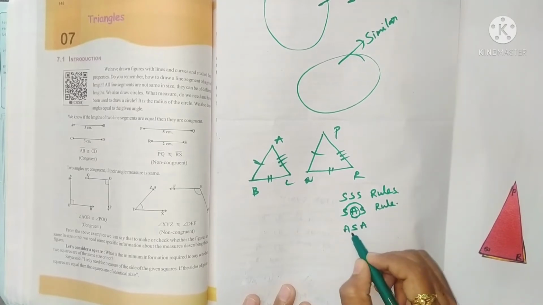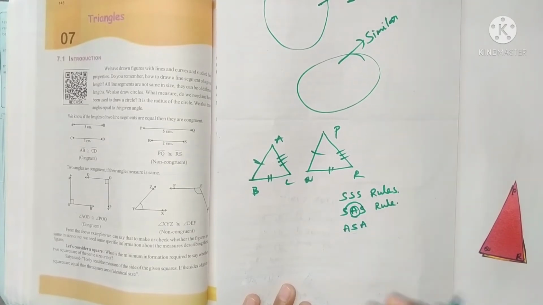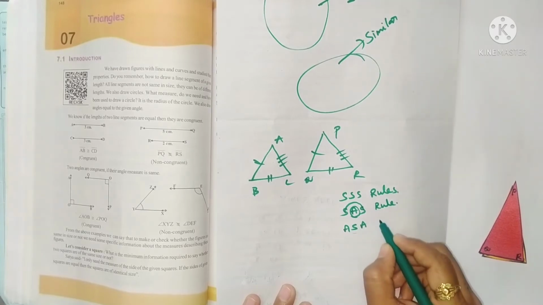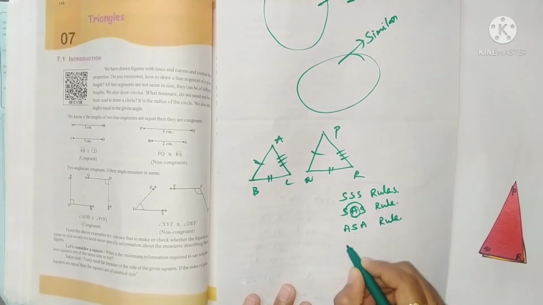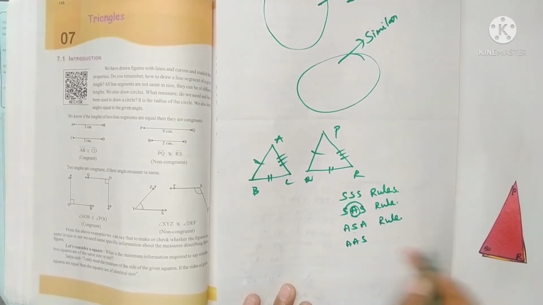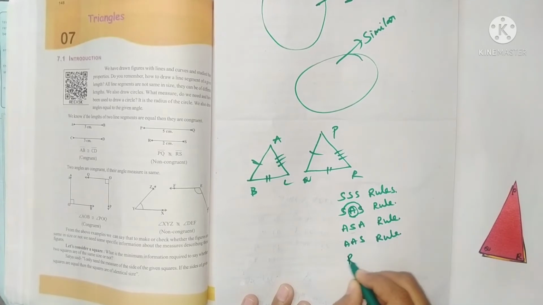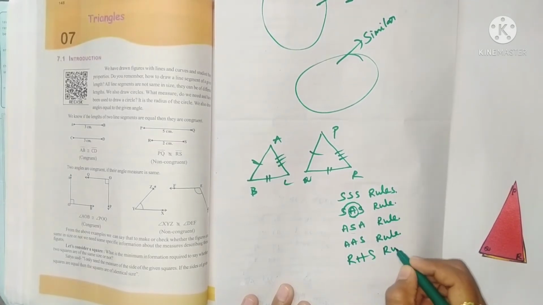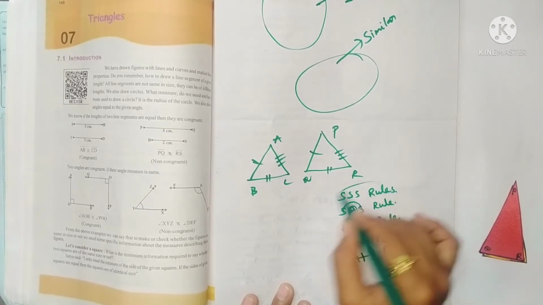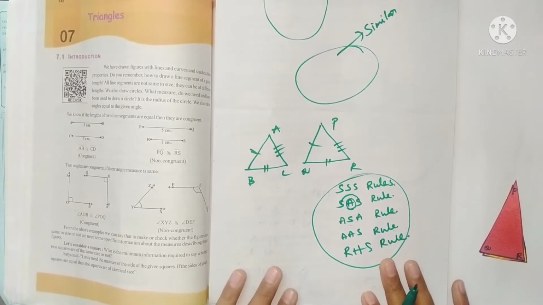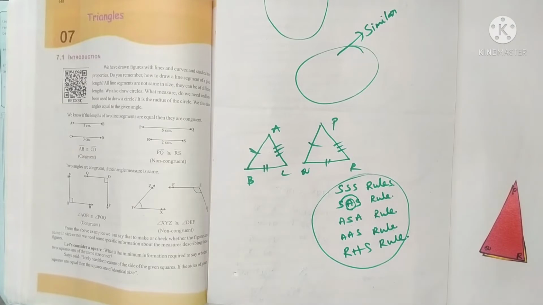The two angles and the side in between the two angles, the included side. This is one rule, and sometimes we'll consider this angle and non-included side also. This is the fourth rule, and the right angle hypotenuse side rule or RHS rule. So if you know these five rules, you can easily solve the problems in the triangles chapter. Let us see.